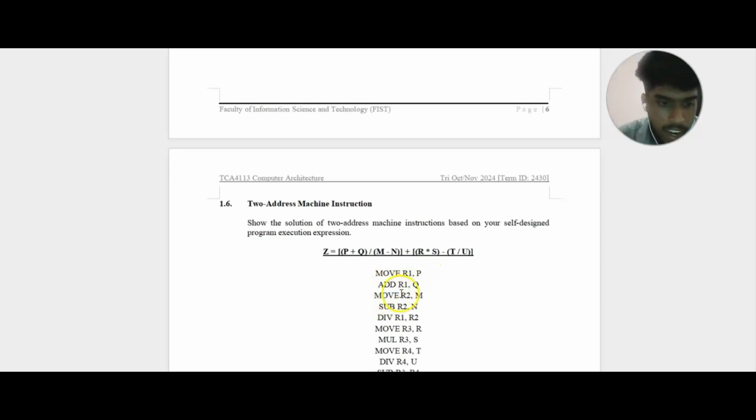Then add R1, Q, which means add Q to R1. Then move R2, M, which means move M to register R2. Then sub R2, N, subtract N from R2. Then divide R1, R2, which means divide R1 by R2.